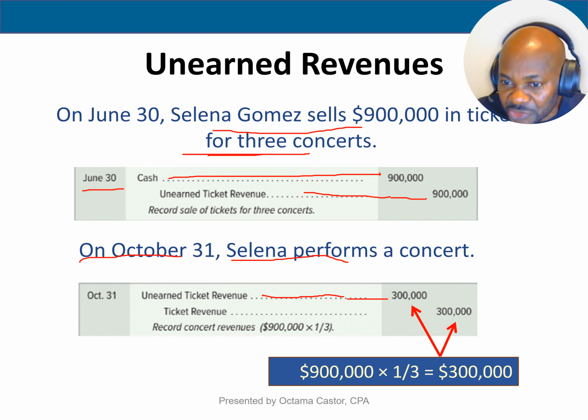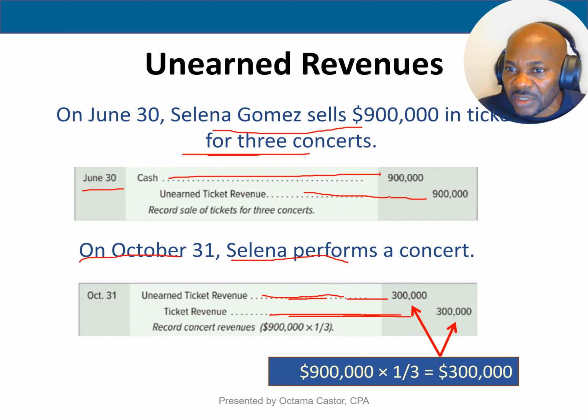So the first concert she performed, she debits unearned revenue and credits ticket revenue. At this point, she basically moved $300,000 from unearned revenue to revenue. At that point, she has earned the $300,000. So you can see already the balance in her unearned revenue account is now $600,000.